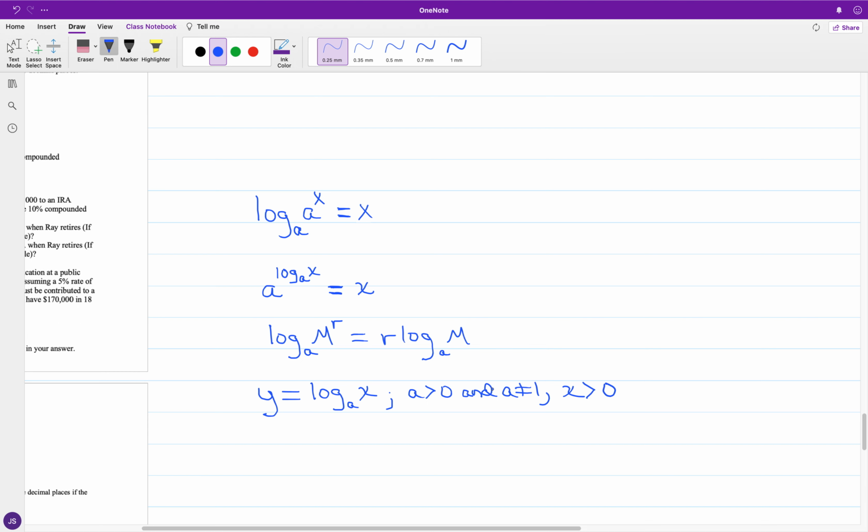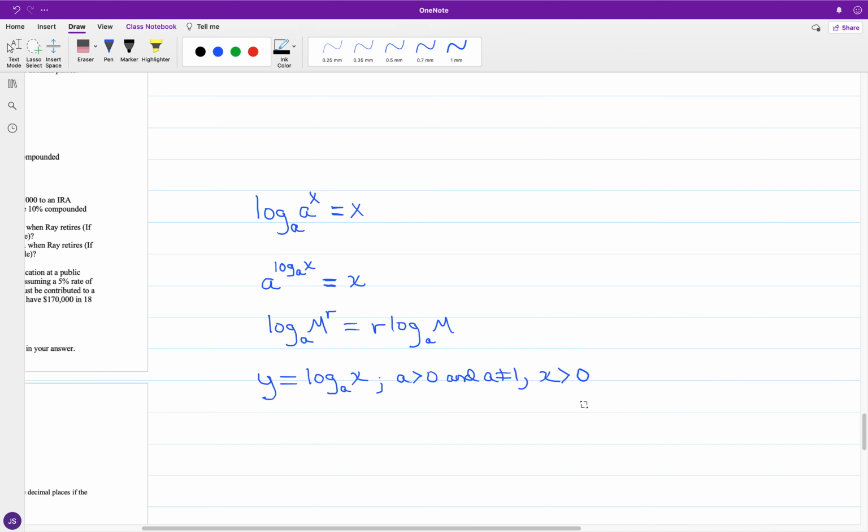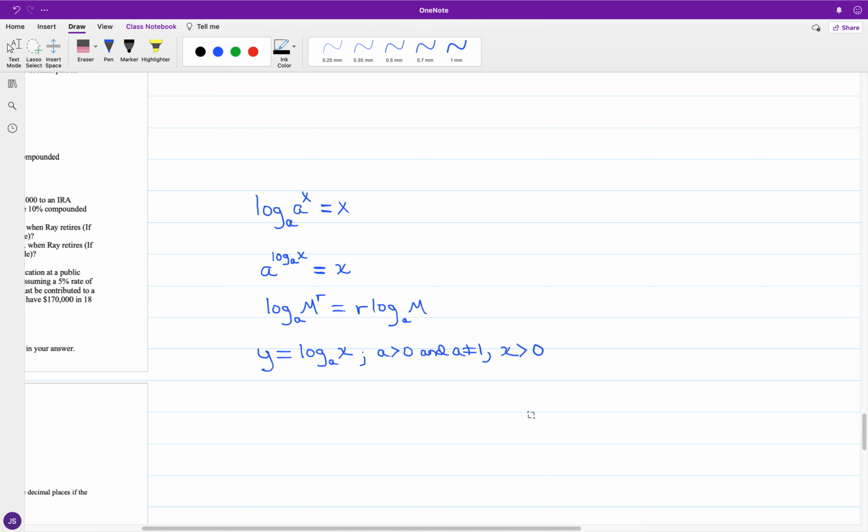So you have these items in reference among the tools for solving logarithmic equations.